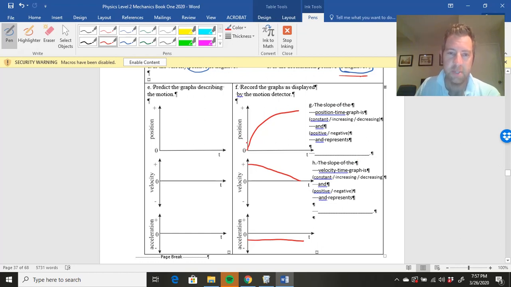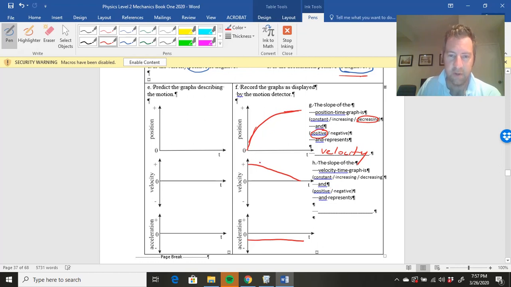So the slope of this position time graph is positive, and it starts off steep. There's a tangent there, and it gets less steep. There's a tangent there. So the slope is decreasing, and always the slope on this graph represents velocity.